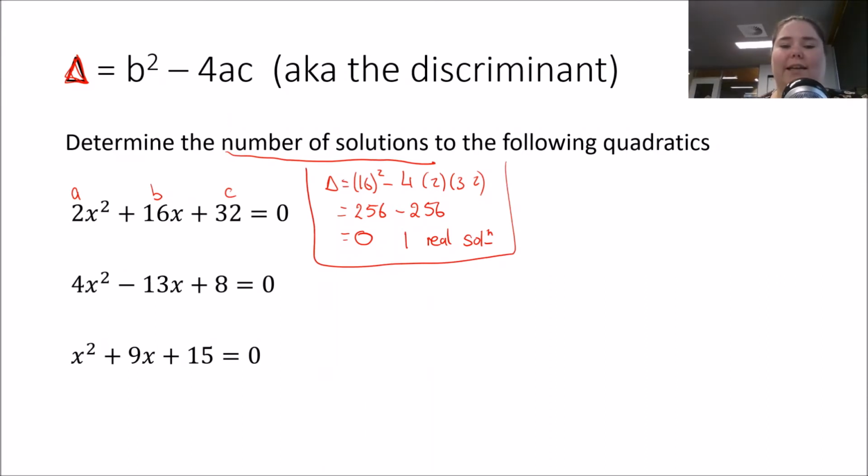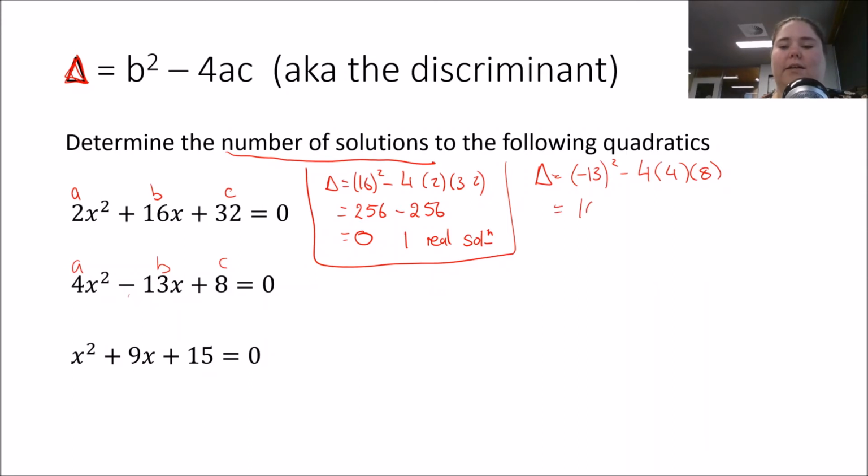Okay, so with our next one, once again, we have A, B, and C. The negative is included, although it doesn't matter with the B because we're squaring it. So we've got negative 13 squared minus 4AC.